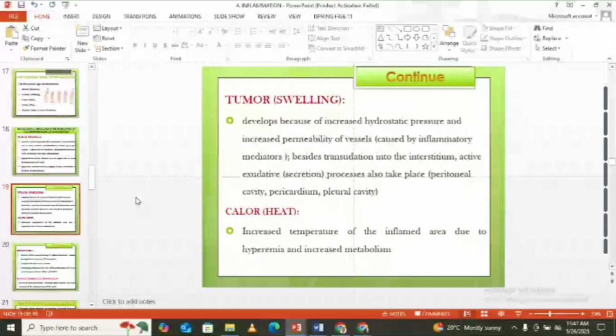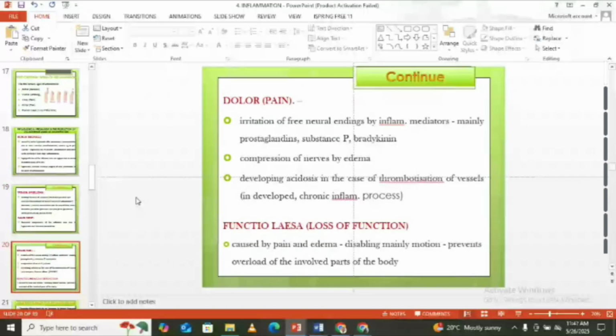The heat, of course, with increased blood flow to the area where there's an inflammatory response, there will be increased heat around that area, because there will be increased metabolic activities around the area where there is an inflammatory response.